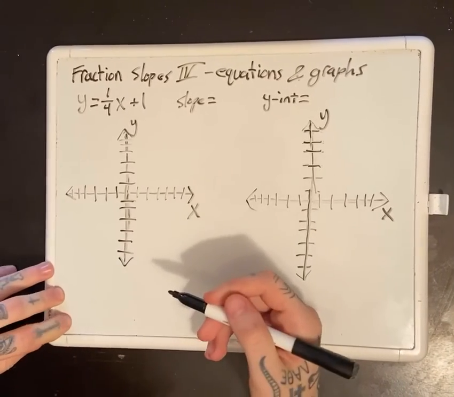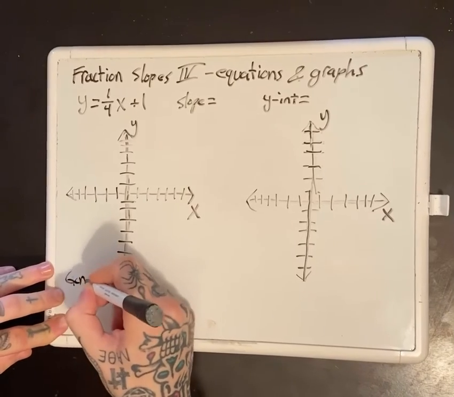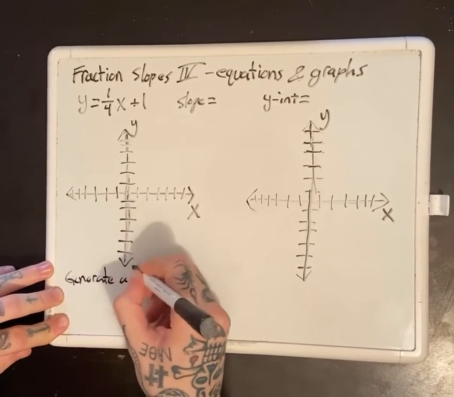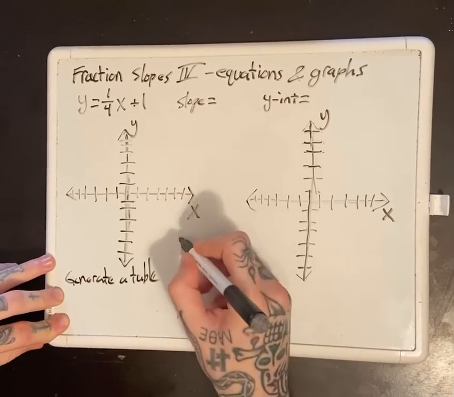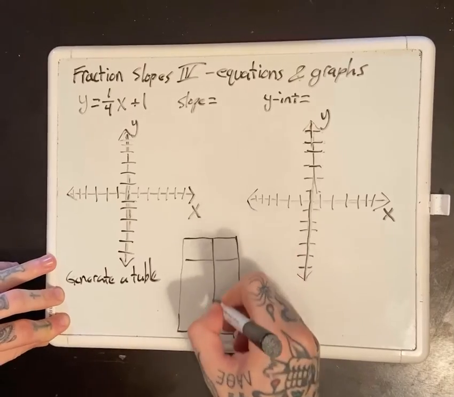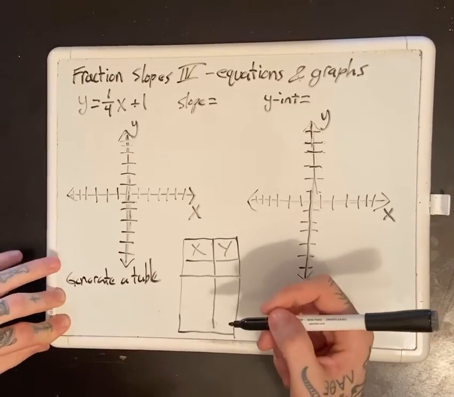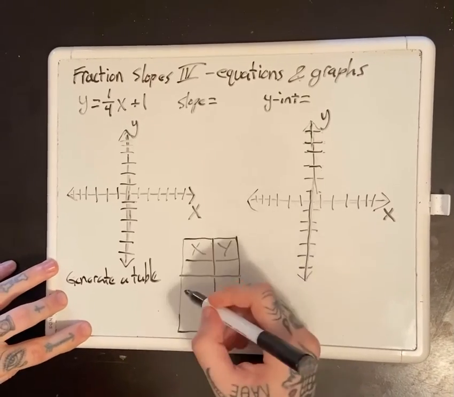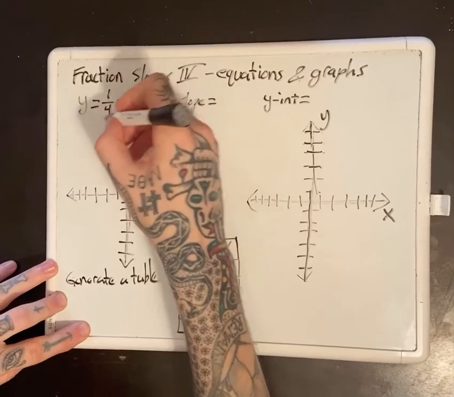The first way is to generate a table. I'm sure most of you know how to do that. X, Y. Now, before we move to the table, let's analyze this equation a little bit.